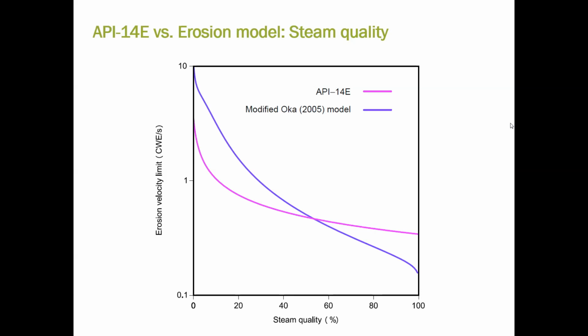The comparison is versus the steam quality, and you see that at low steam qualities, API 14E is very conservative. And once we have steam in the system, it's not really safe to use API 14E. So it's really not meant for considering gas or steam for erosion.